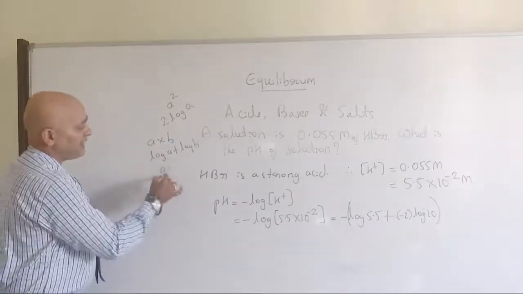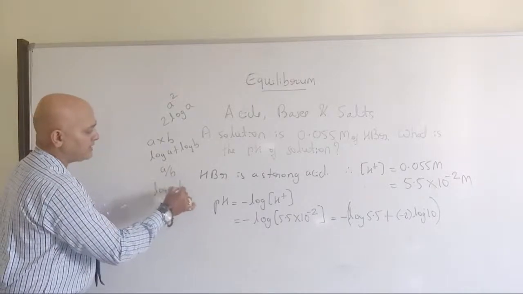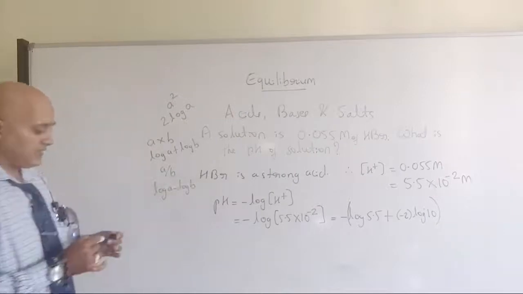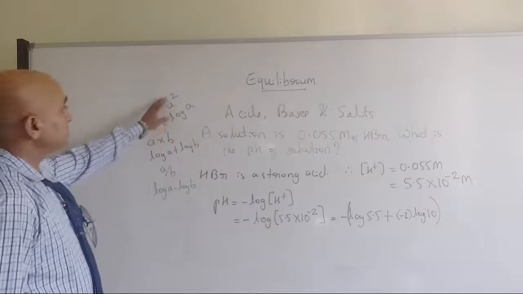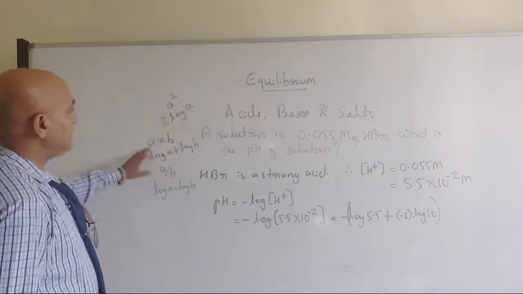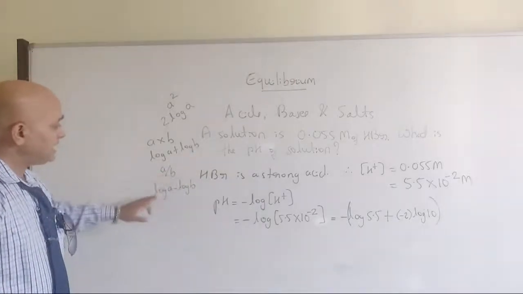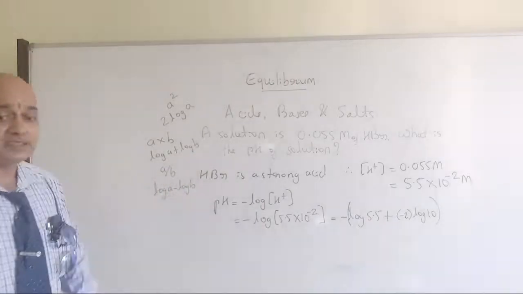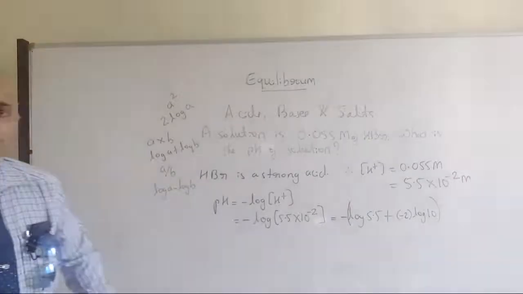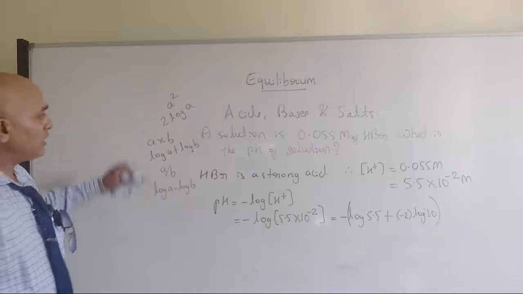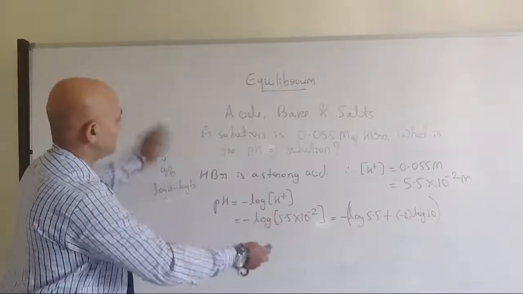If I have a divided by b, then I will have log of a minus log of b. These are some of the rules we have to remember. So a squared becomes 2 log a, a into b becomes log a plus log b, and a divided by b becomes log a minus log b. That's how the value will be calculated. Fine? I have applied these rules over there.